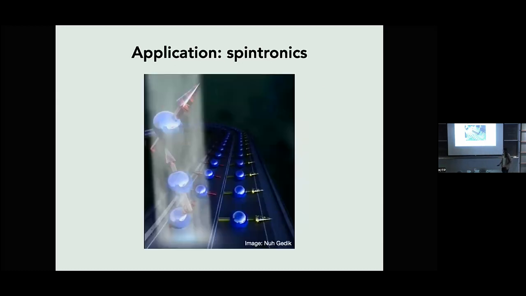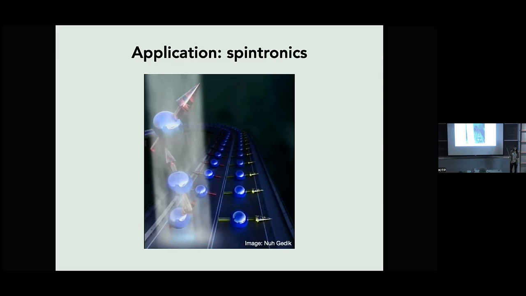And then finally, another application is spintronics. Spintronics is a combined word that comes from spin and electronics. The idea is that in electronics, you want to store or manipulate data using the electron charge. But in spintronics, you want to do the same thing with the electron spin.